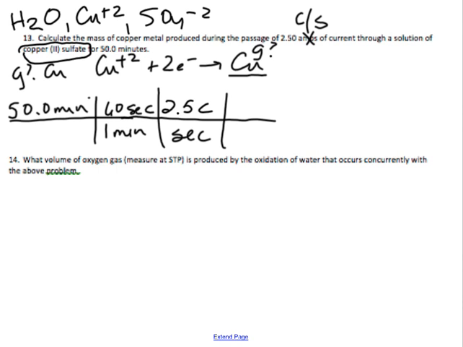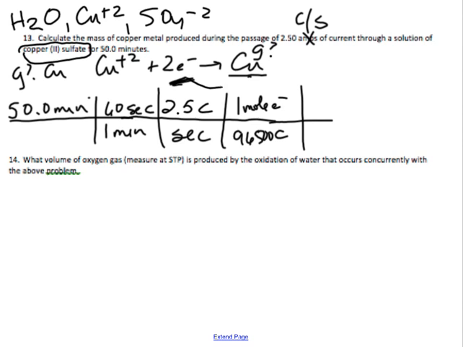So now I'm stuck. What's something that I can use? There's a number, and we talked about it yesterday. Yes, 96,500. That was the charge in coulombs of what? Coulombs of 1 mole of electrons. So for every 1 mole of electrons, I have 96,500 coulombs. Awesome. Now I have moles of electrons.